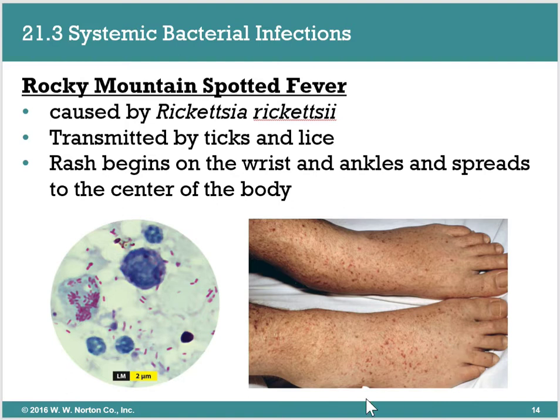So as you see, it's literally like little red dots on you. With that, it will eventually spread to the rest of the body. So that's all we're going to talk about spotted fever. Just know what it's caused by, how it's transmitted, and what the clinical presentation is. That's actually pretty much what I want you to know for all of these diseases. Okay.